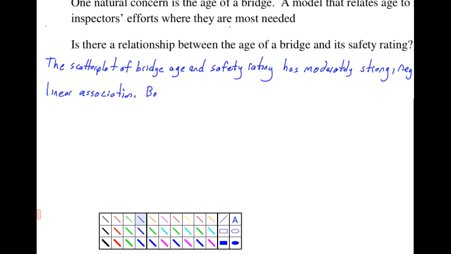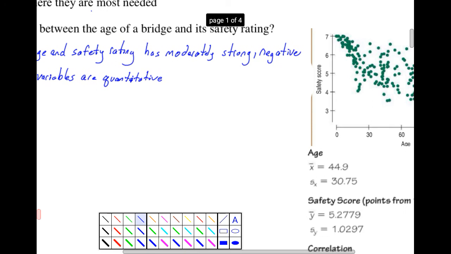Both variables are quantitative data. And the scatter plot looks straight.